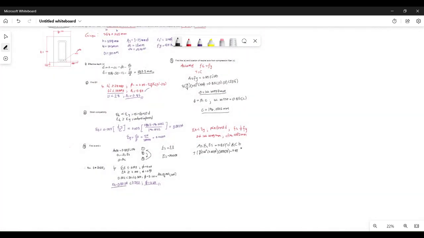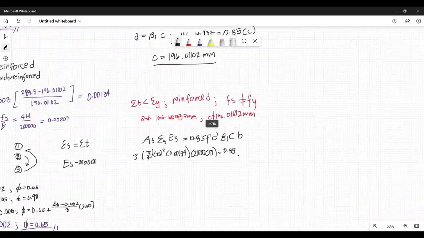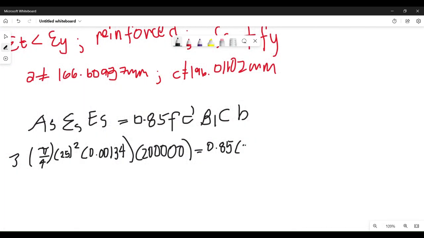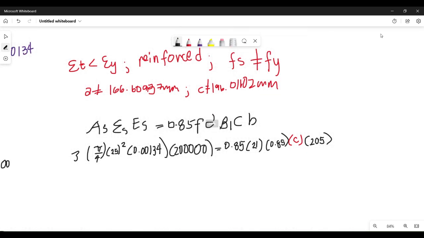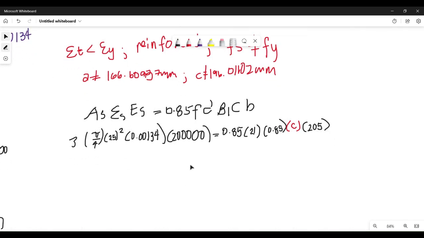Our FC prime is 21 megapascal. 21 times beta 1, which we used earlier as 0.85, times C. We don't have the value of C yet, which is unknown. Then times B. Our B in the problem is 205 in the cross section. So we have to find the value of C.